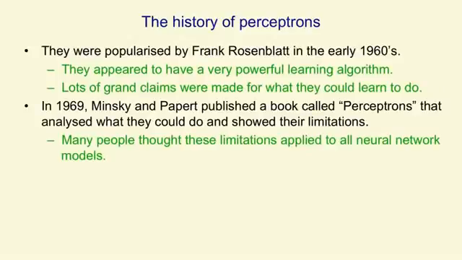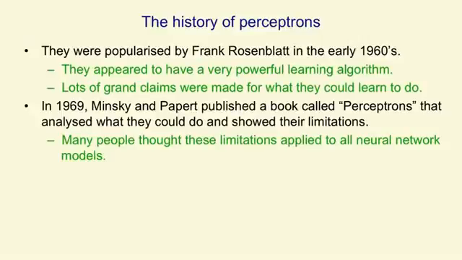Minsky and Papert themselves knew they hadn't shown that. They'd just shown that perceptrons of the kind for which the powerful learning algorithm applied could not do a lot of things, or rather they couldn't do them by learning. They could do them if you hand-wired the answer in the inputs, but not by learning.